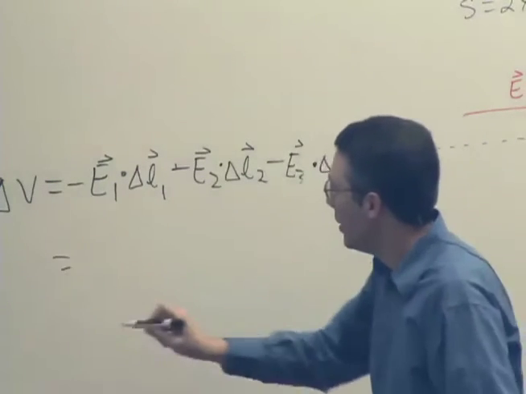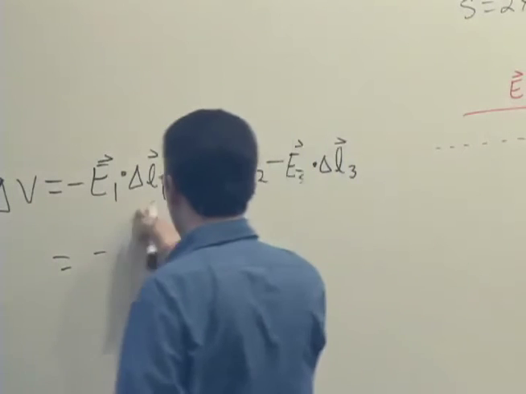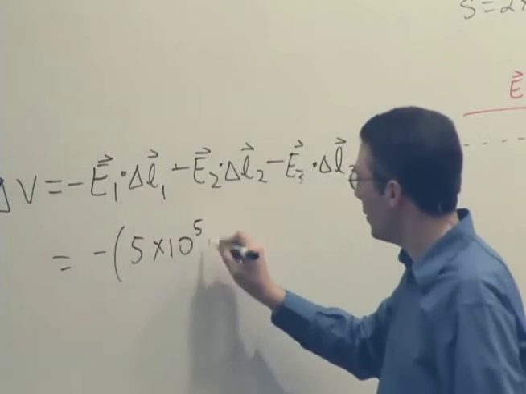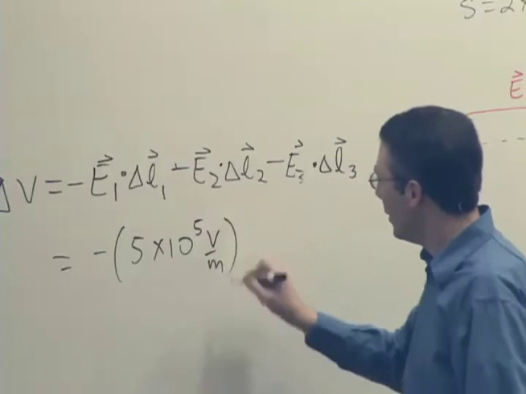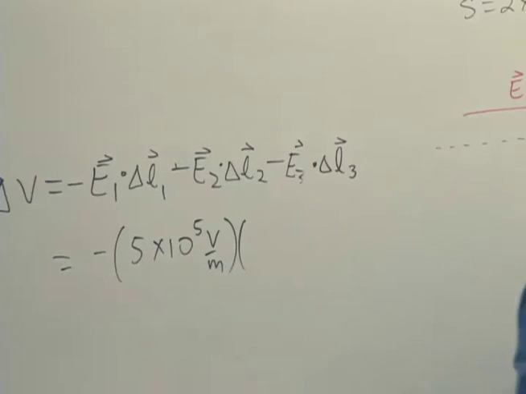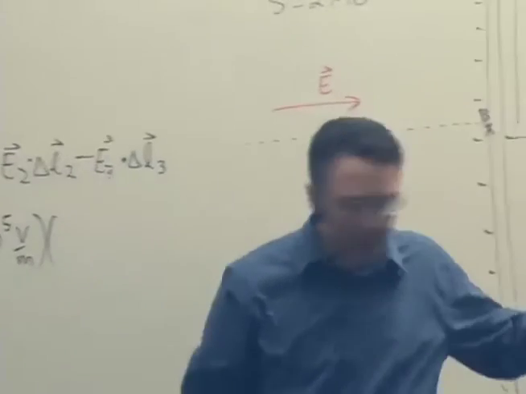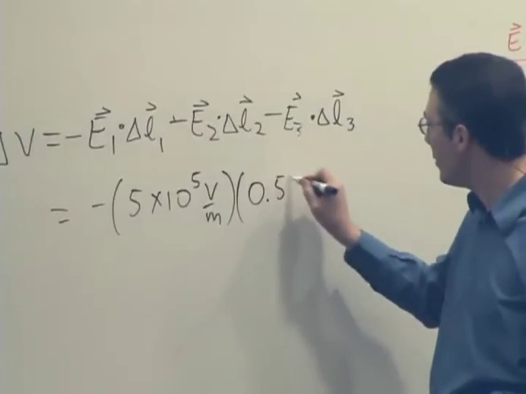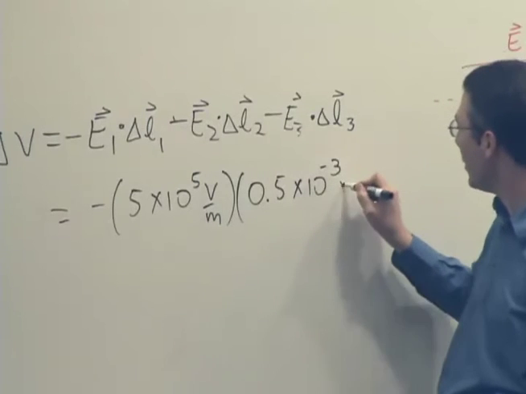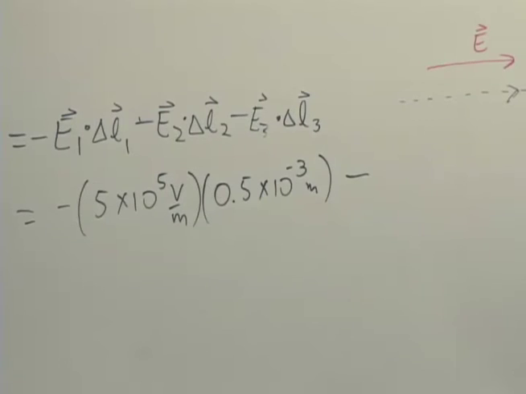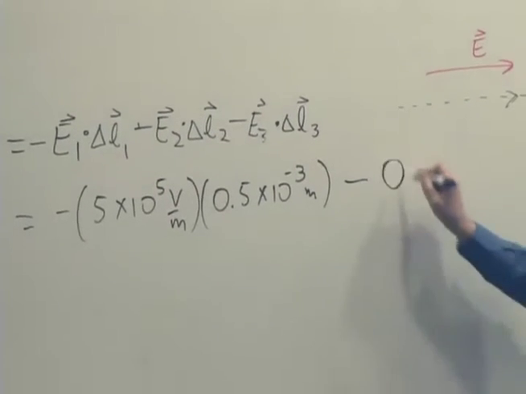And so we have E1, the X component of E1 is 5 times 10 to the 5th volts per meter. And the distance across that first region is half a millimeter, right? 0.5 times 10 to the minus 3 meters. Minus, what's E2? E2 is 0.